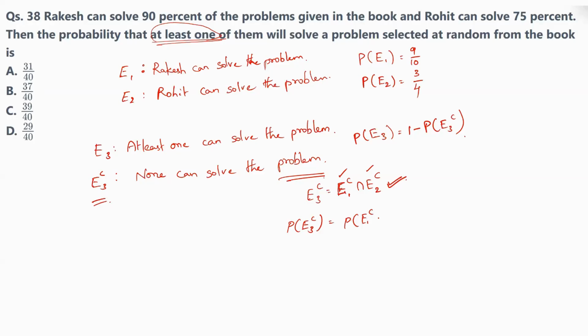In that case, probability of E1 complement intersection E2 complement. What is the probability of intersection when both are independent? It is the product of probabilities. What is probability of E1 complement? 1 minus probability of E1, that is 9 by 10, which is 1 by 10.